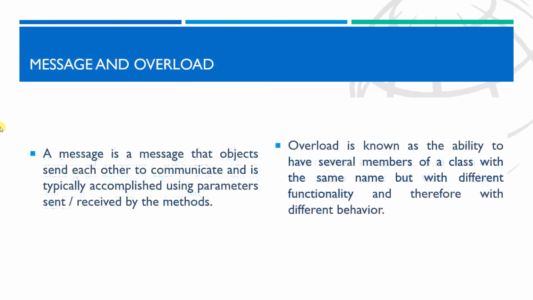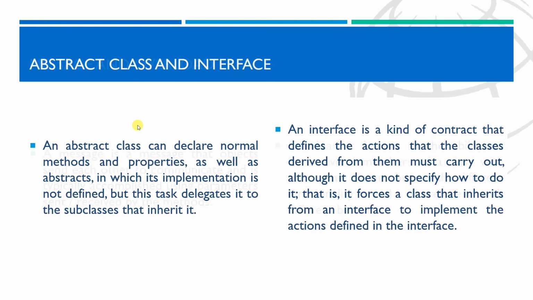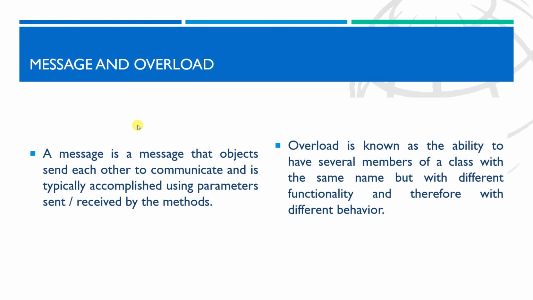And then the message. For an object-oriented system to offer a global solution to a problem, it must have a cooperative set of objects which must communicate with each other to share data and use it when performing a process.